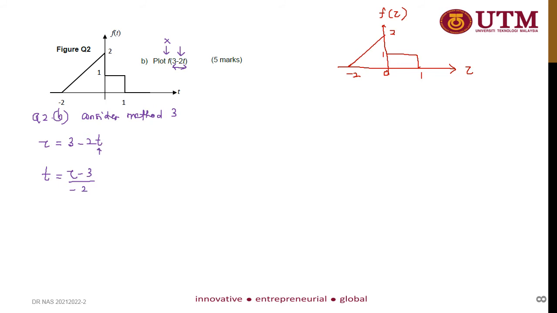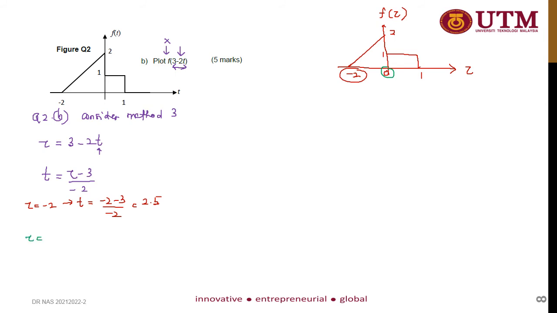Beginning at the left hand side, for tau equal to -2, what is t? t is equal to (-2 - 3) divided by -2, so -5 divided by -2 is 2.5. Next, move on to the next tau, which is 0.